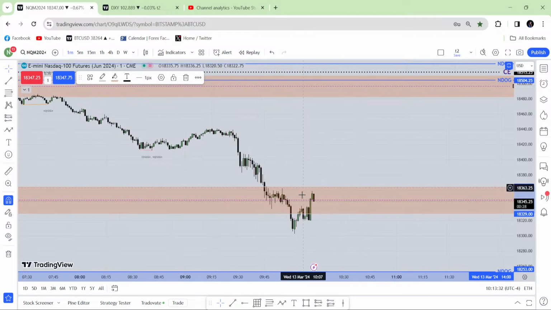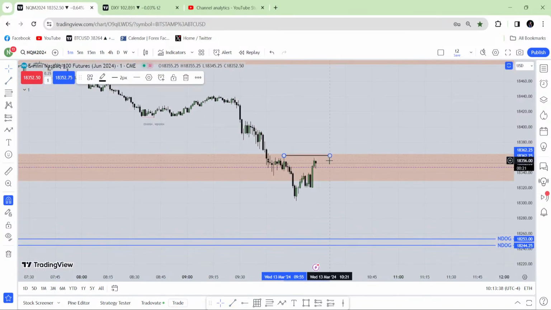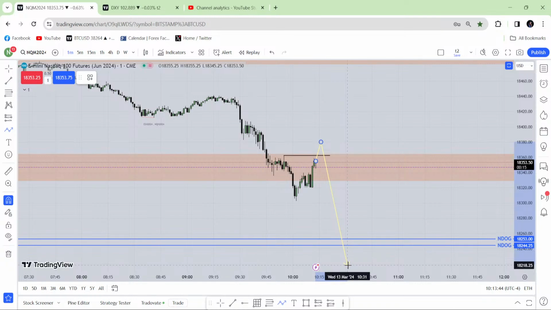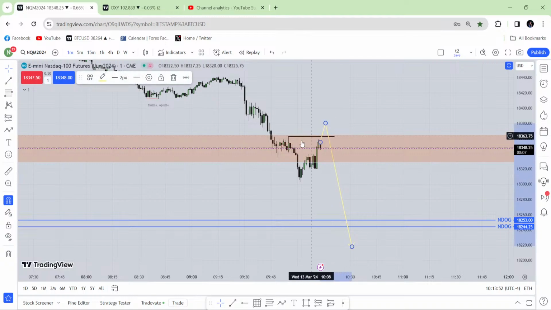Sometimes you won't get a chance to take entry for sell. Trust me. What do I mean by that? For example, this is your buy side liquidity. You will see market has taken that buy side liquidity and then boom, just boom, without giving you any chance to take entry, without giving you any chance.